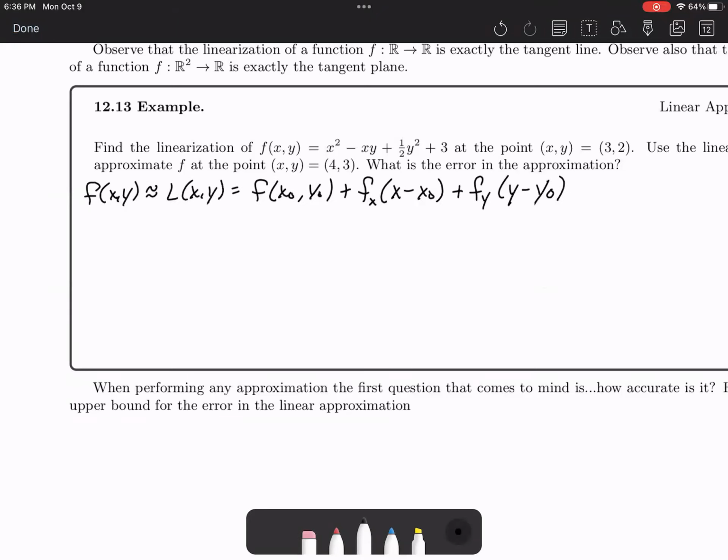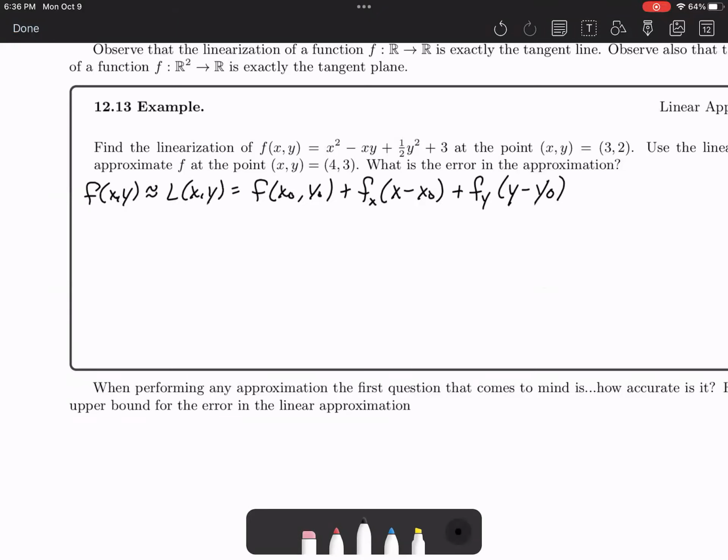So the function value at (3, 2) plus my partial derivative in the x evaluated at that (3, 2) times the travel in the x. Actually, we know the x value, 3, plus the partial derivative in the y at that point (3, 2) times the travel in the y.